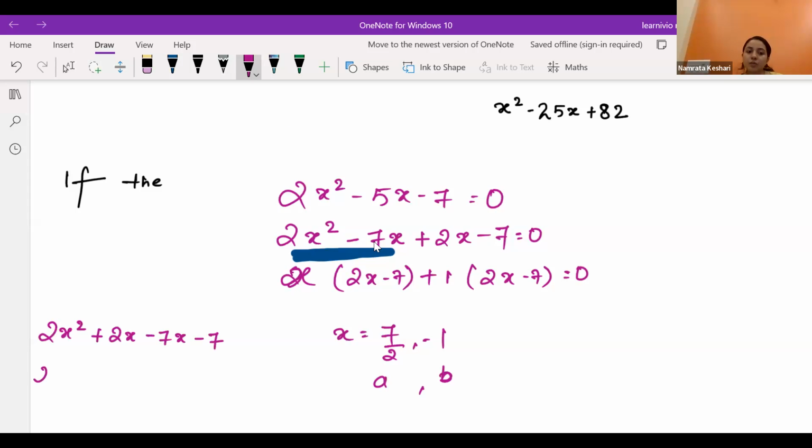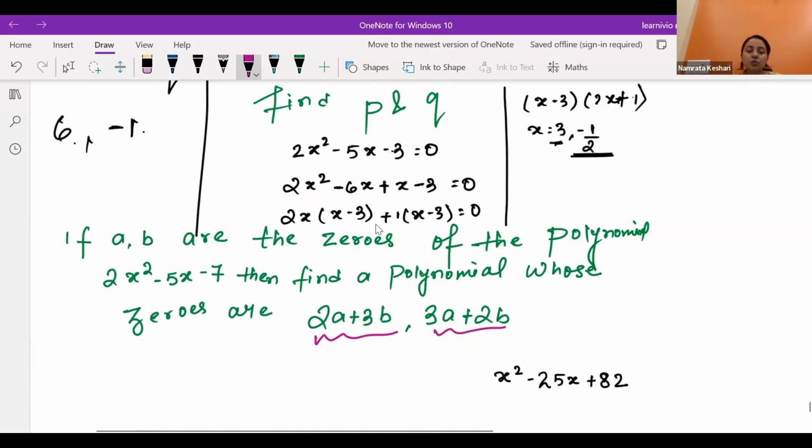Then I took 2x common, and x plus 1 will be in the bracket, minus 1, x plus 1. No, not minus 1, Zanab, minus 7. Oh, okay. Yeah, sorry. It looks like 1, but it is 7. Okay, so yeah, this is what we are getting.